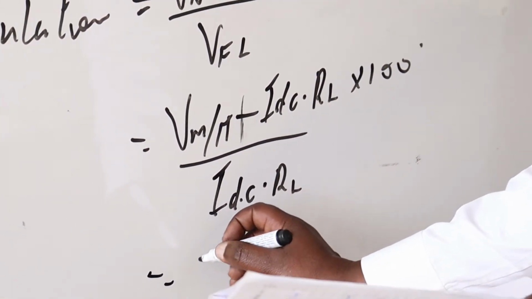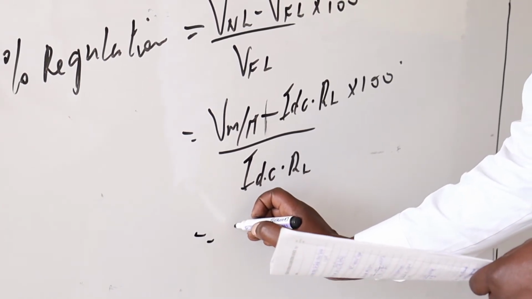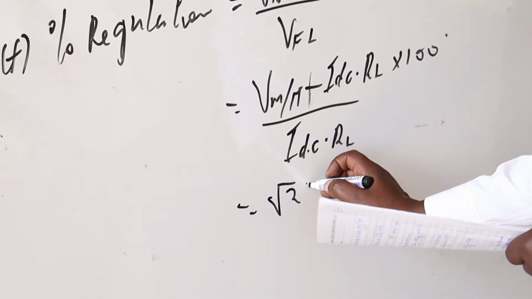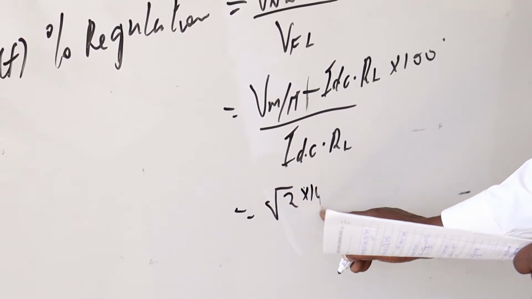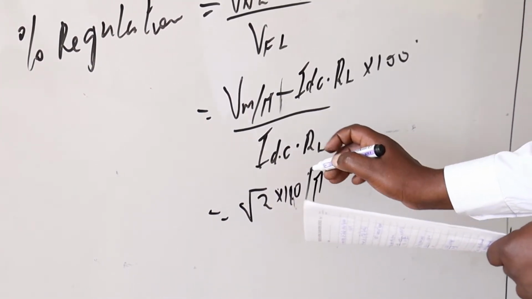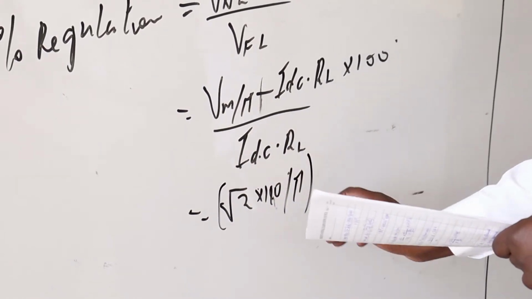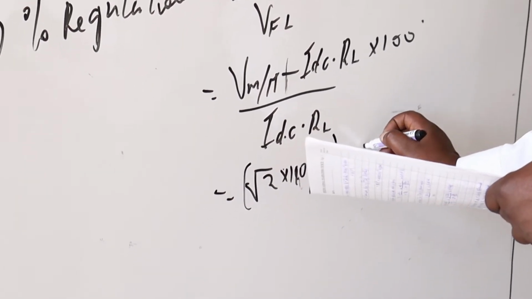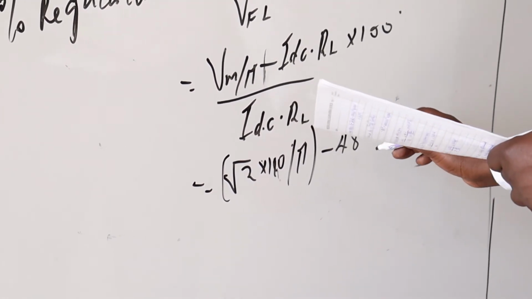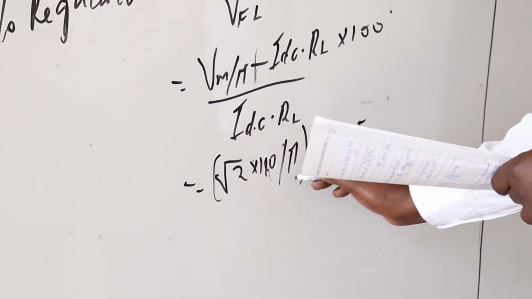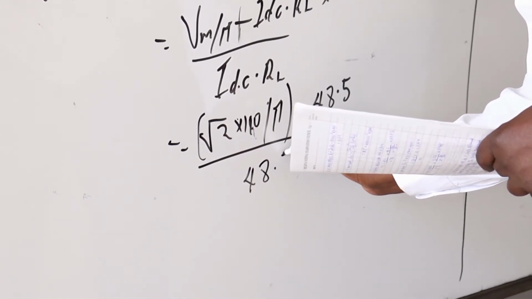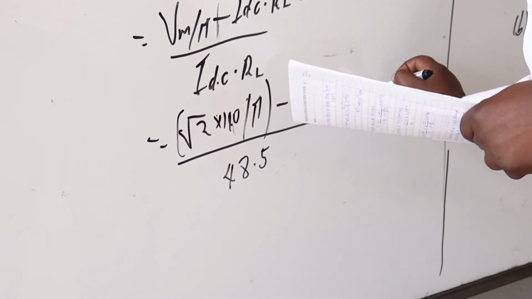So Vm, we know it is √2 times 110, we divide by pi to give us the Vm over pi, minus 48.5, all over 48.5, times 100.